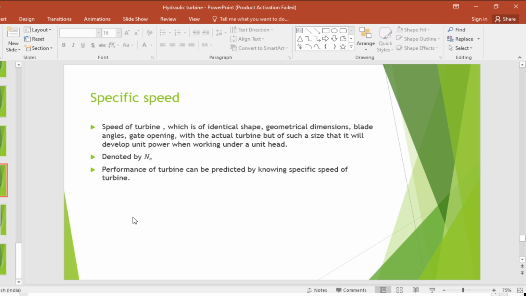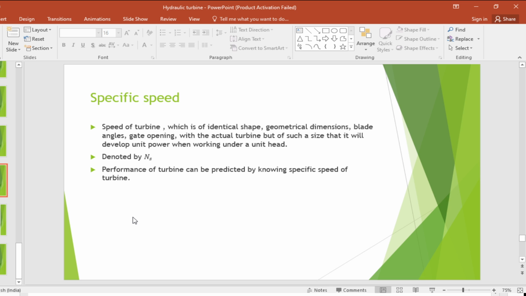Okay, this unit power and unit head, these are the unit quantities. Just for the introduction I'll explain, unit power is nothing but the power developed by turbine working under a unit head. Okay, unit head means the height of 1 meter.